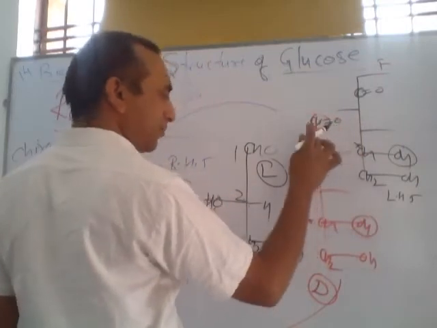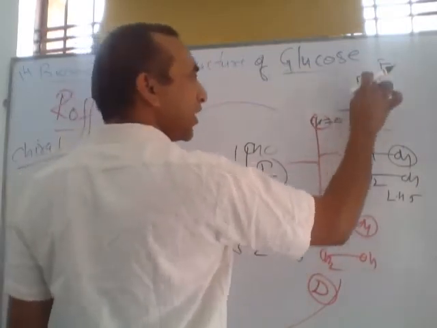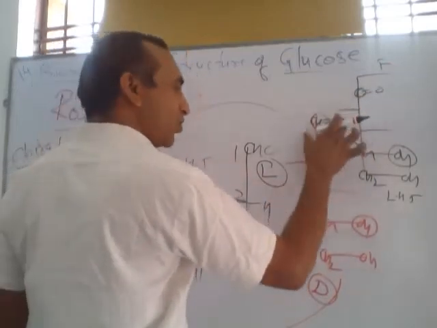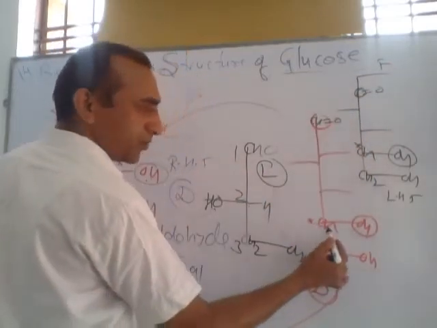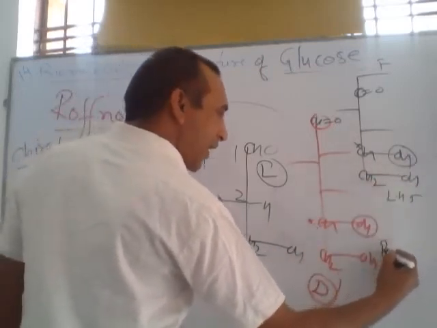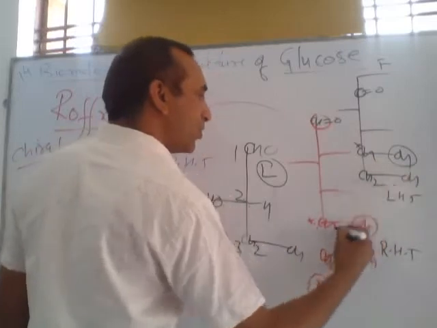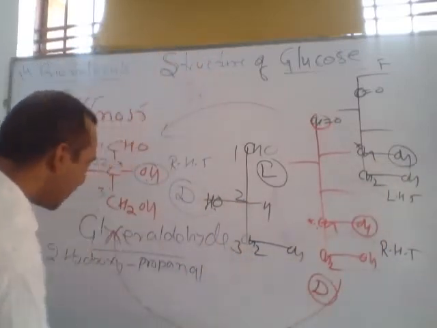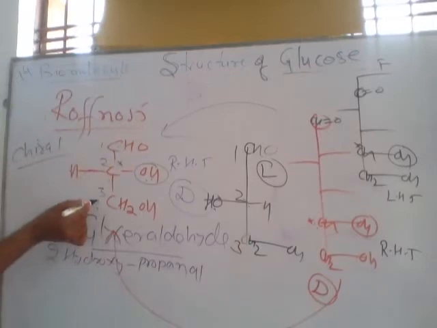So this is aldehyde, meaning aldose. This is ketone, meaning ketose. In fructose and in glucose, in these two compounds, the orientation of OH on the second last carbon is on the right hand side. So both are written in the form of capital D. Capital D means series of this compound.